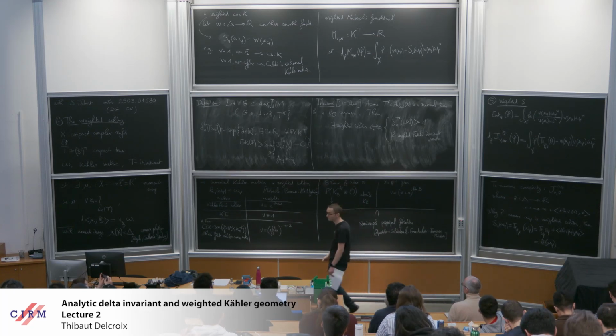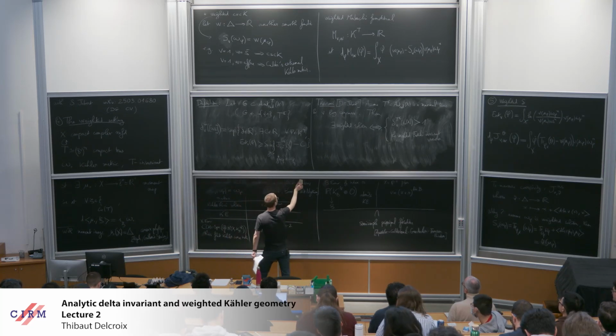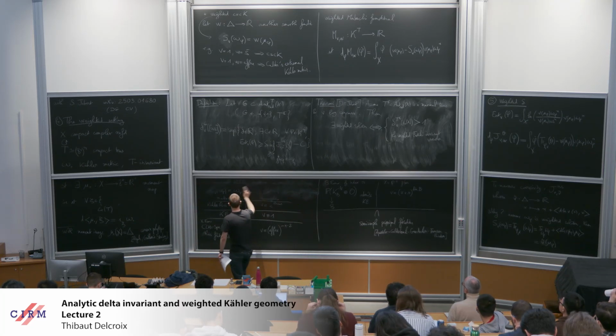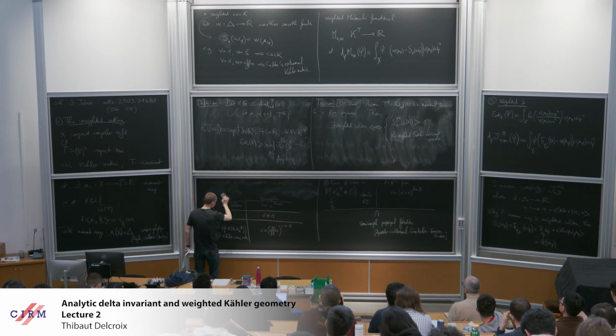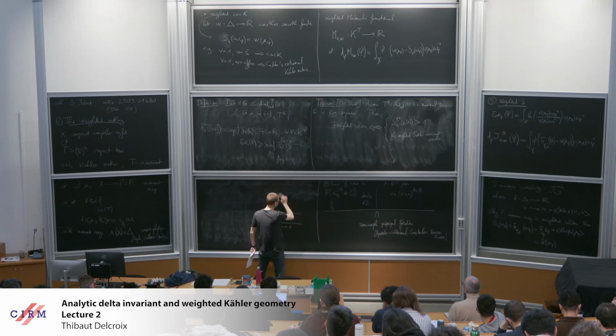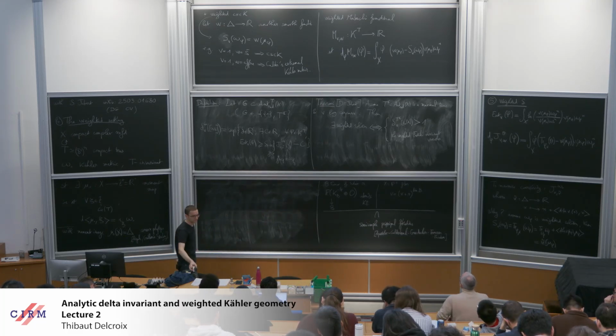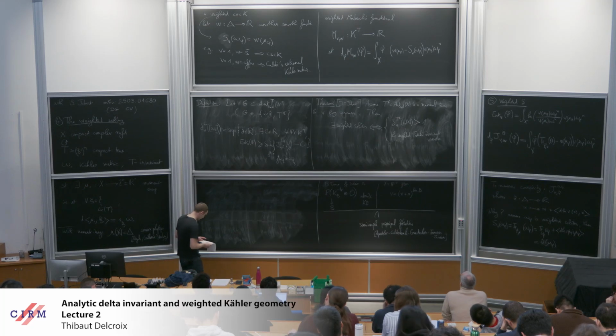So the proof is actually the same as yesterday, so I will not give details. But there are subtleties that introduce the assumptions, and it is essential to consider a reduced version of the delta invariant. So why?